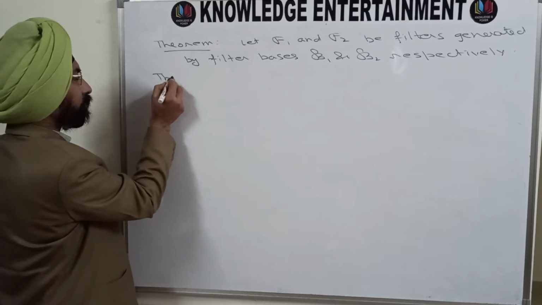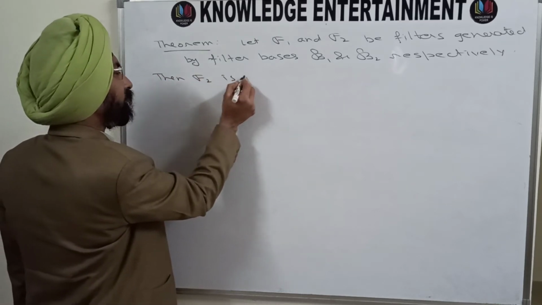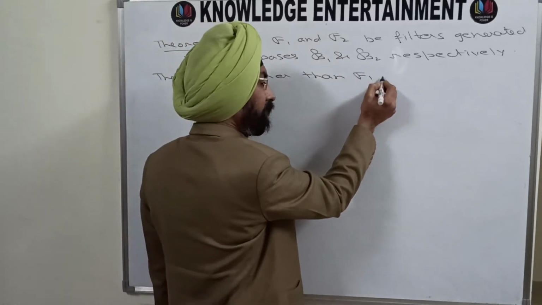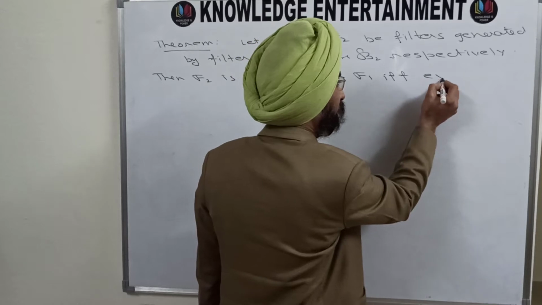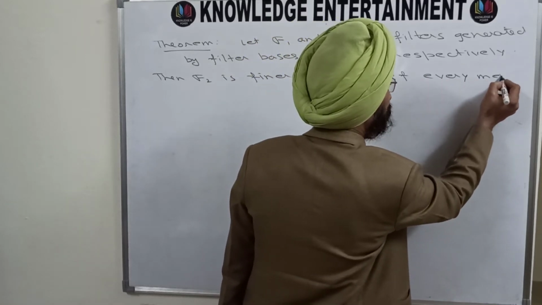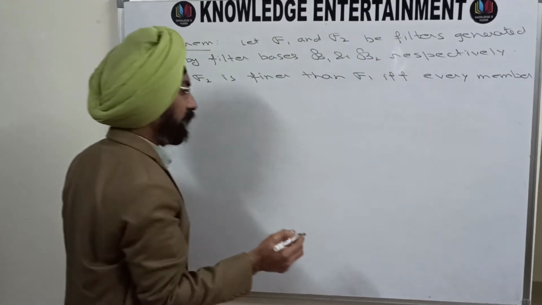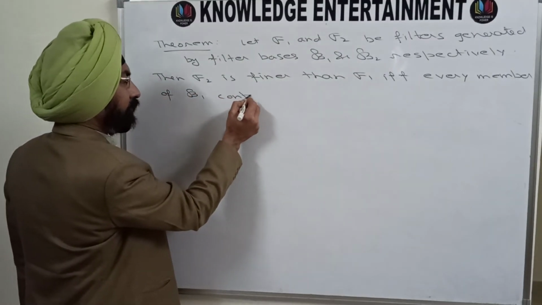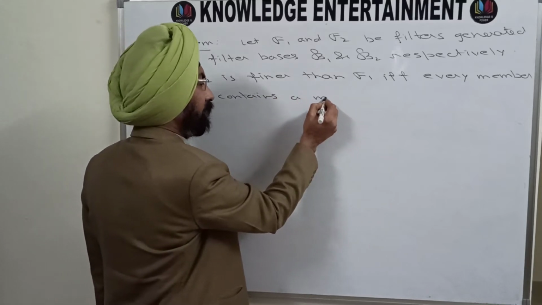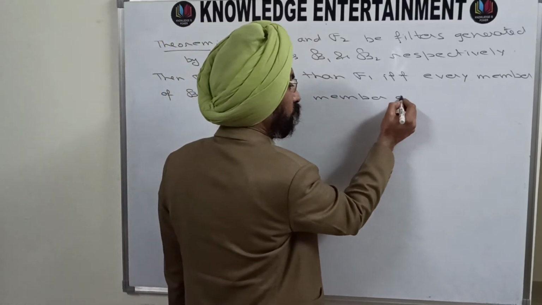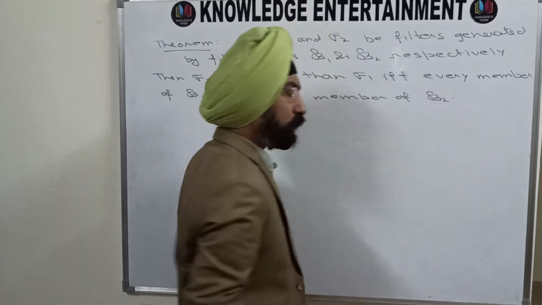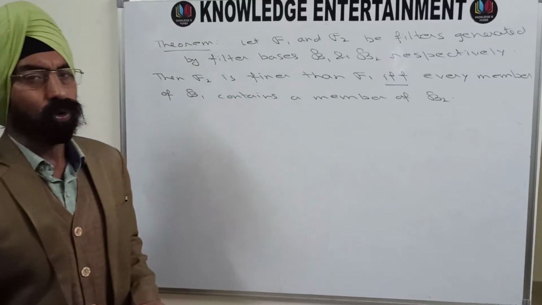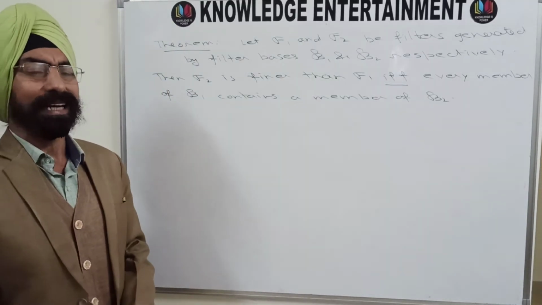Then F2 is finer than F1 if and only if every member of B1 contains a member of B2. Once again, it is if and only if. So we will have to prove the converse part as well.